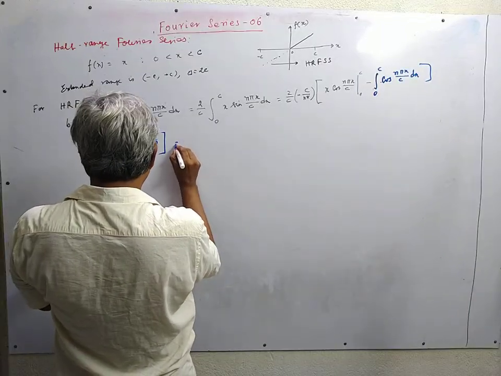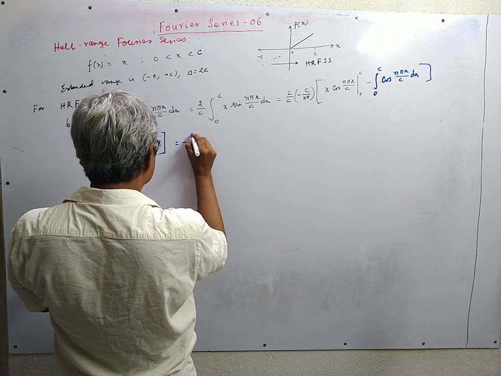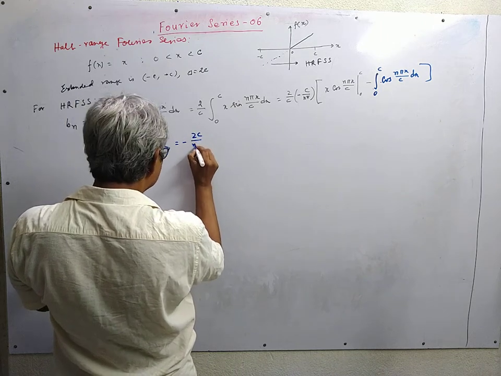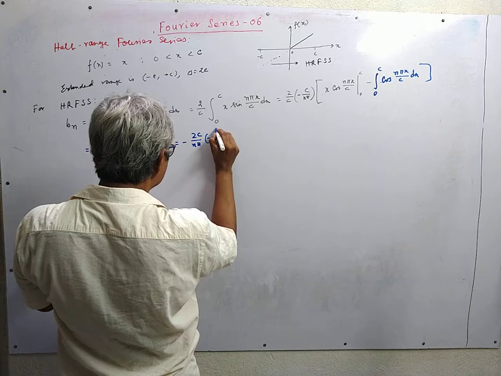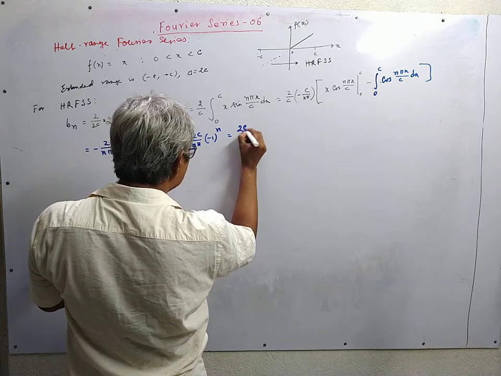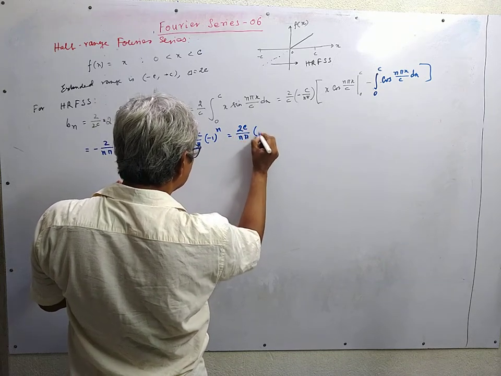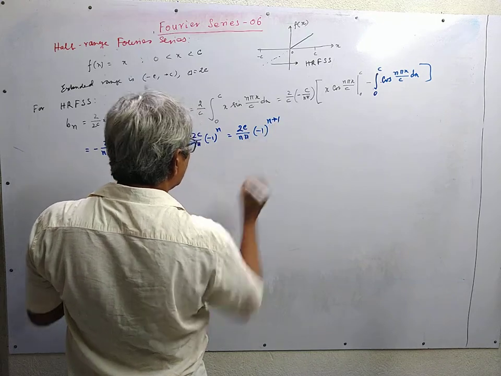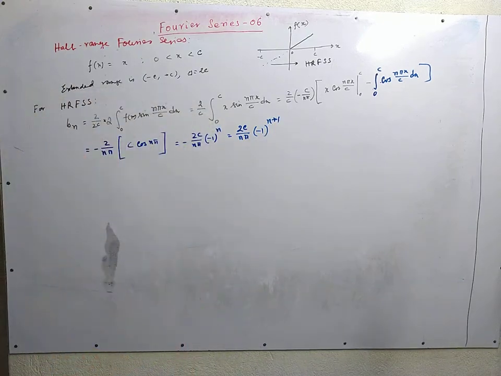So this is the Fourier sine expansion, the bn value.